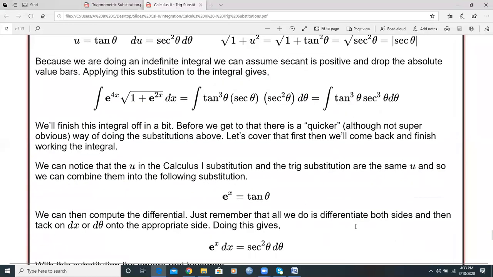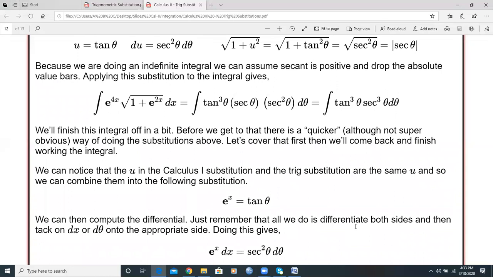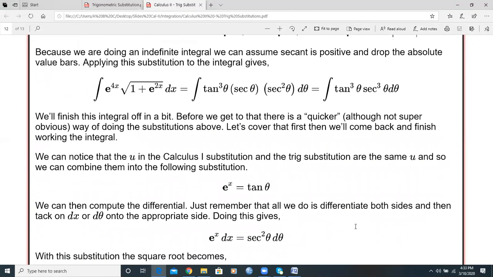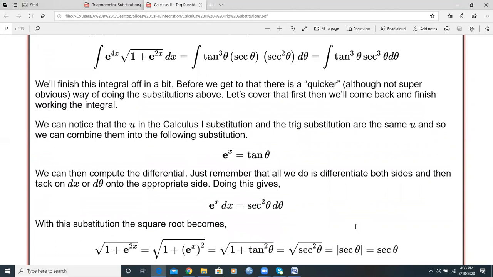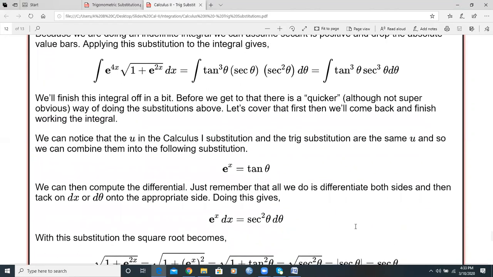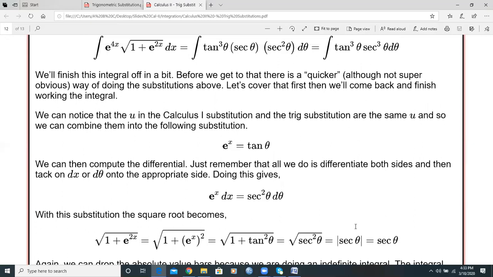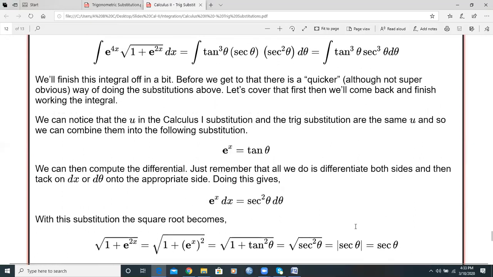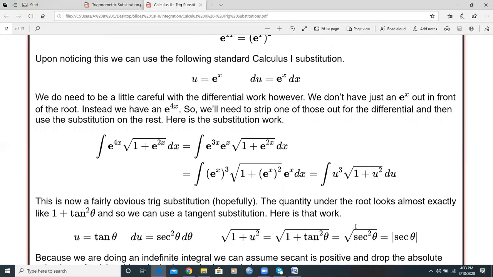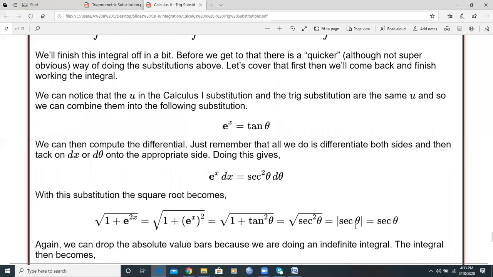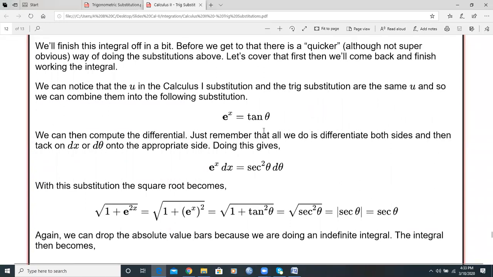We have started with e to the power x. Here we make the substitution e to the x equals tangent theta, and square root 1 plus x square becomes sec theta.